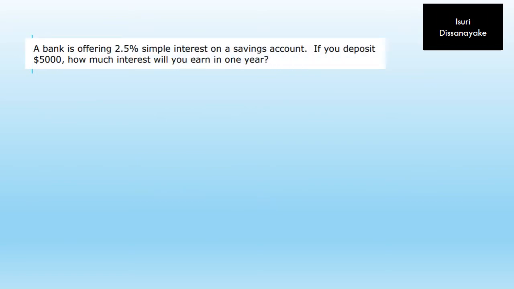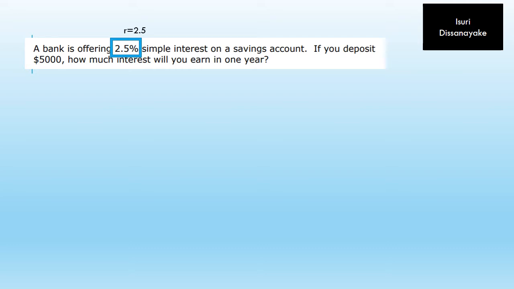Let's do this example. A bank is offering 2.5% simple interest on a savings account. If you deposit $5,000, how much interest will you earn in 1 year? When we read the question, we can brief the information given.